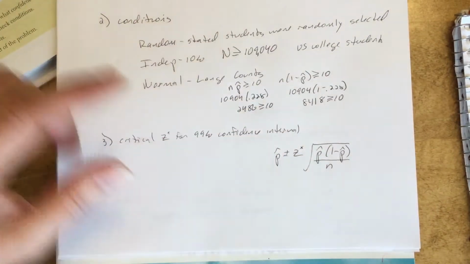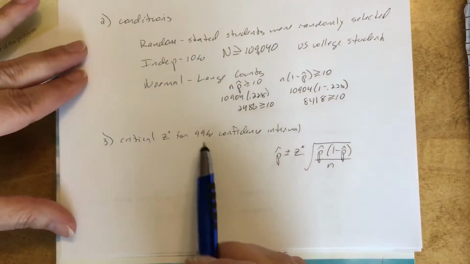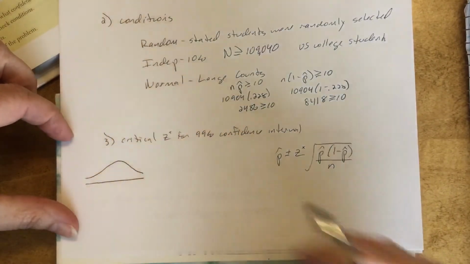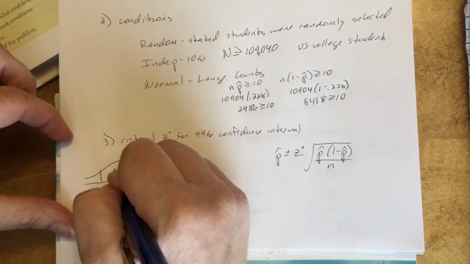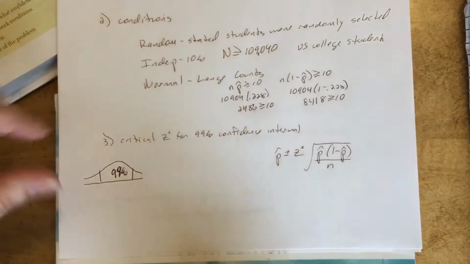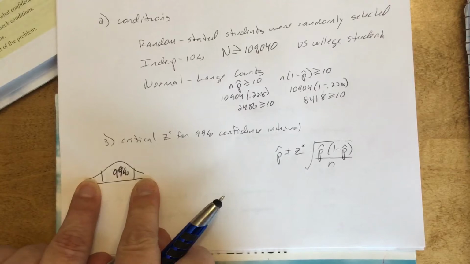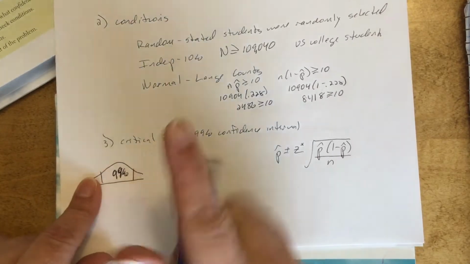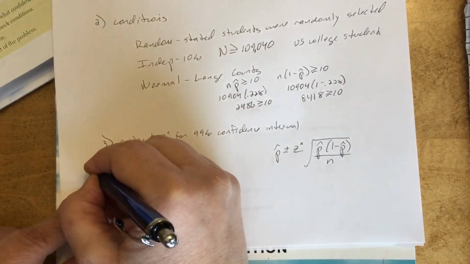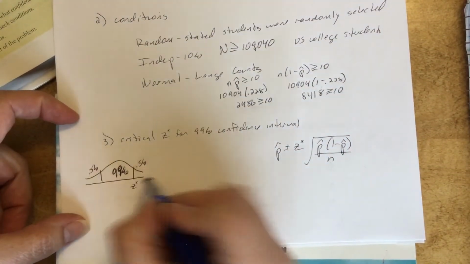So how do we find this critical z? It's the z-score for the middle 99%. So if I come over here and draw my curve, and this is the middle 99%. I wrote 95 by accident. Together, these tails are 1%, so each of these is 0.5%. So here is my critical z.